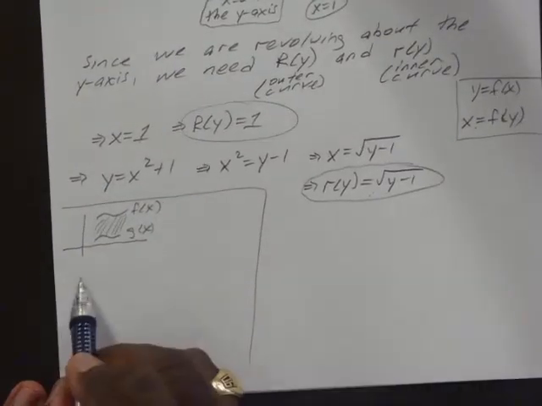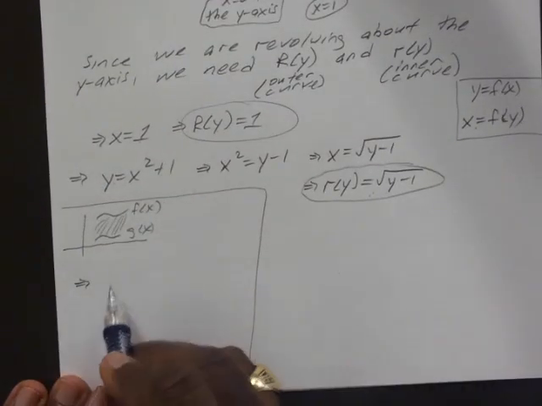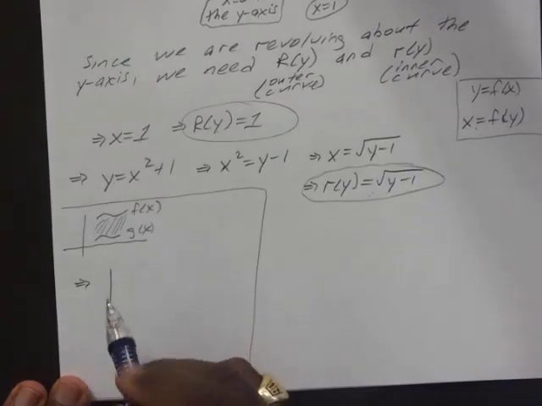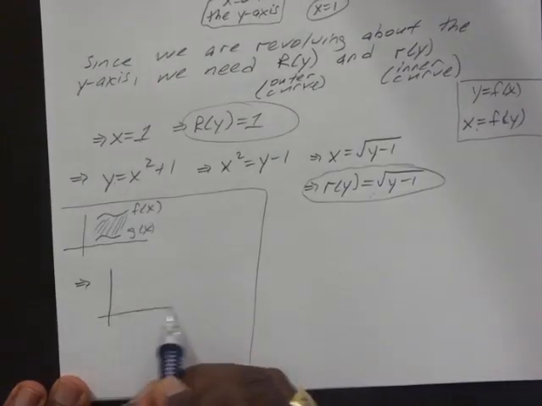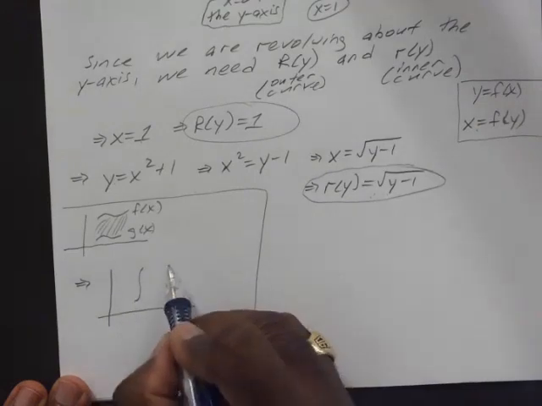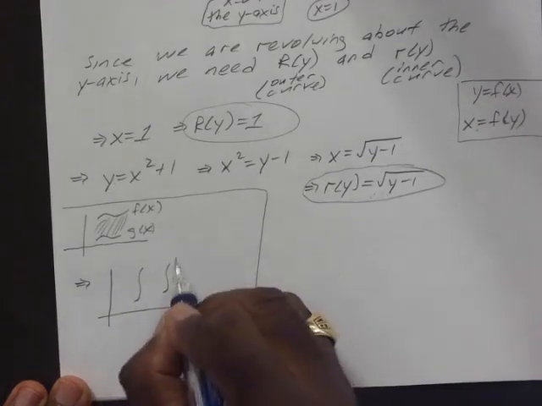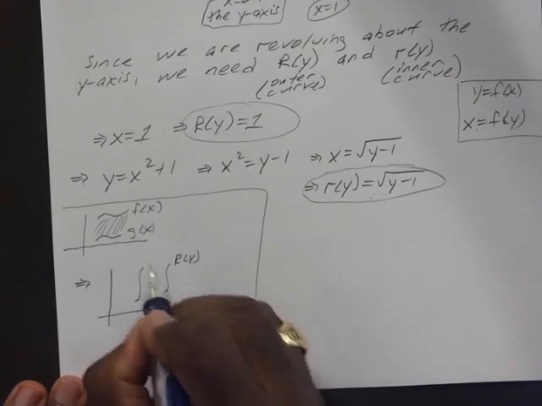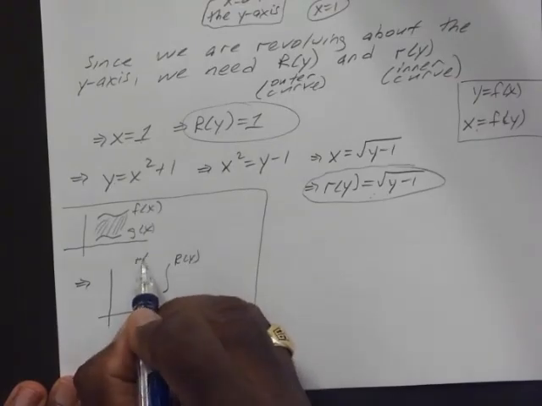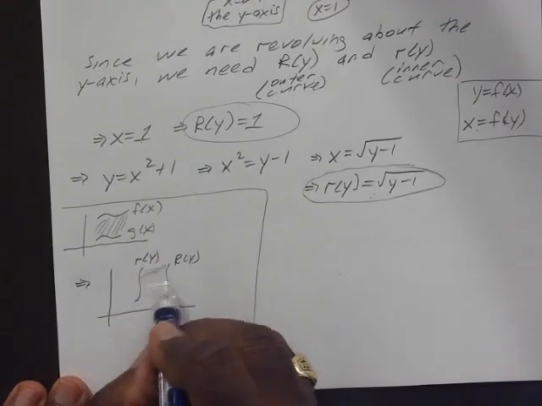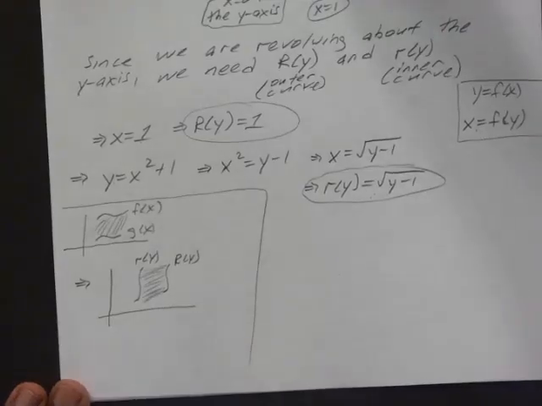But when we're revolving around the y-axis, we have our outer function, and our inner function, which is what we're going to revolve around the y-axis.